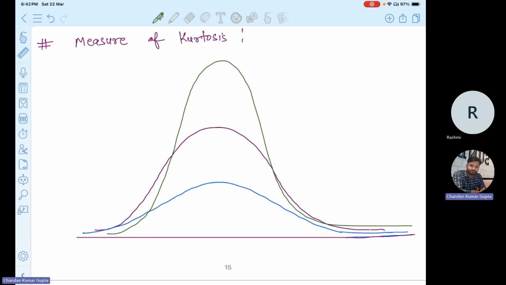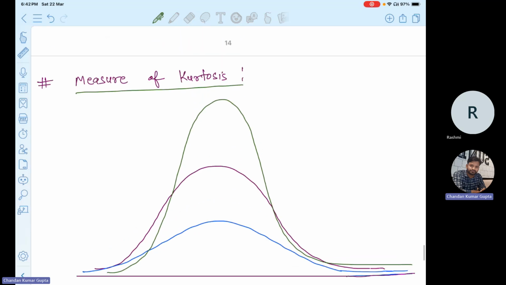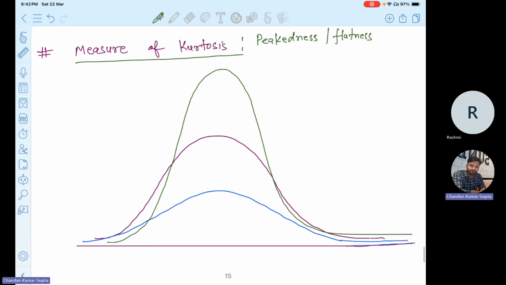Okay, so if you see, you will find it measures the peakedness or flatness of the curve. So the measure of kurtosis measures the peakedness or flatness present in the data set. Okay, so there are mainly three kinds of kurtosis: this one, this one, and this one.